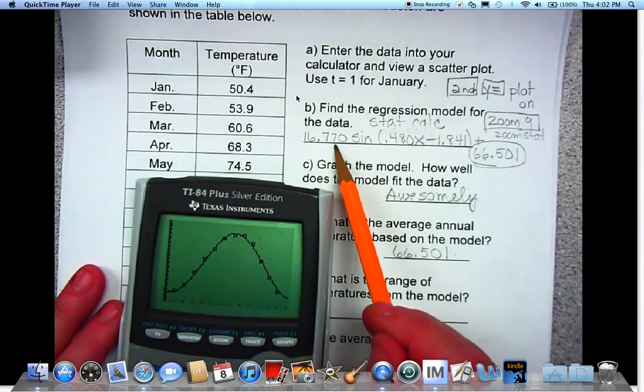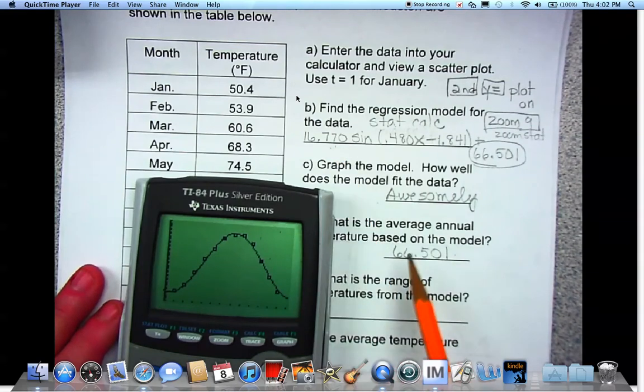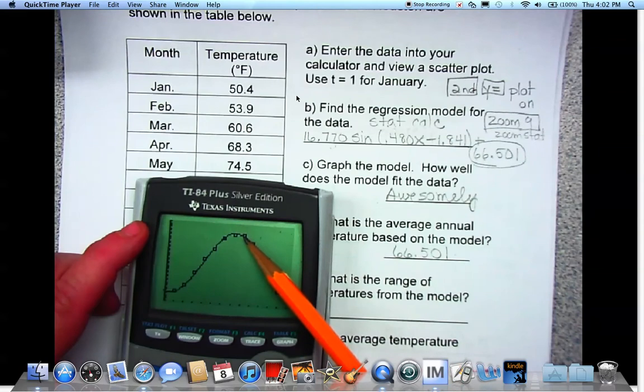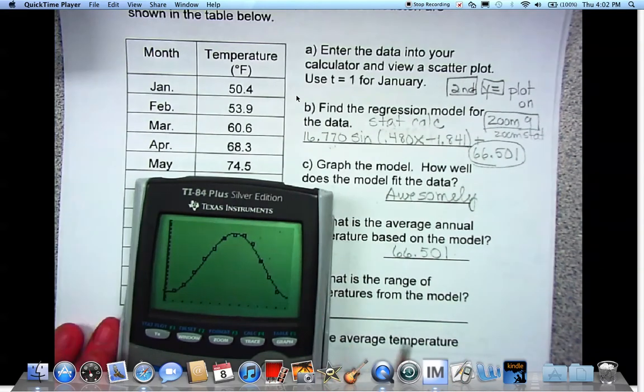It's the number in front. So you could subtract the amplitude from here, and that would be your very bottom temperature. And if you add the amplitude to this, that would be your very top temperature.